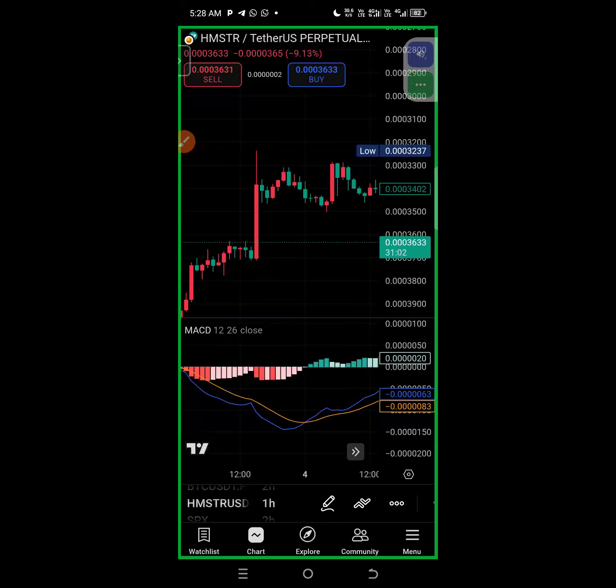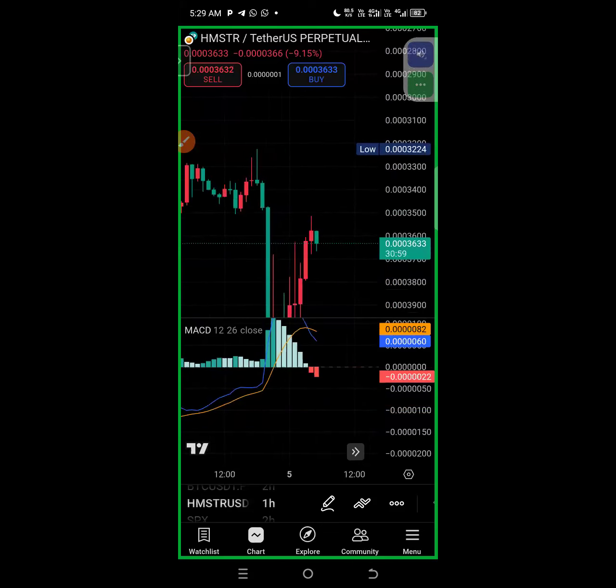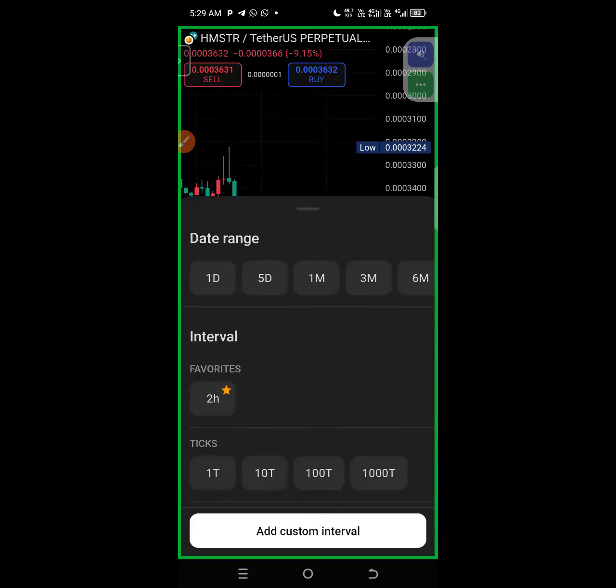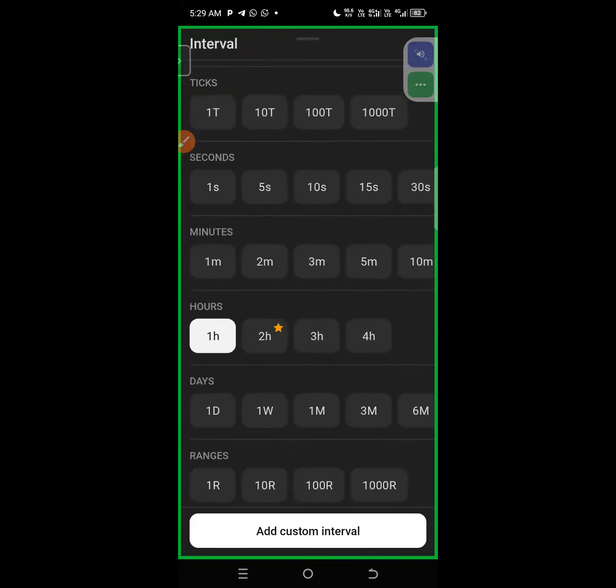By the time we end this session, we have this particular asset here called hamster, right? And based on multi-time frames, let's see.